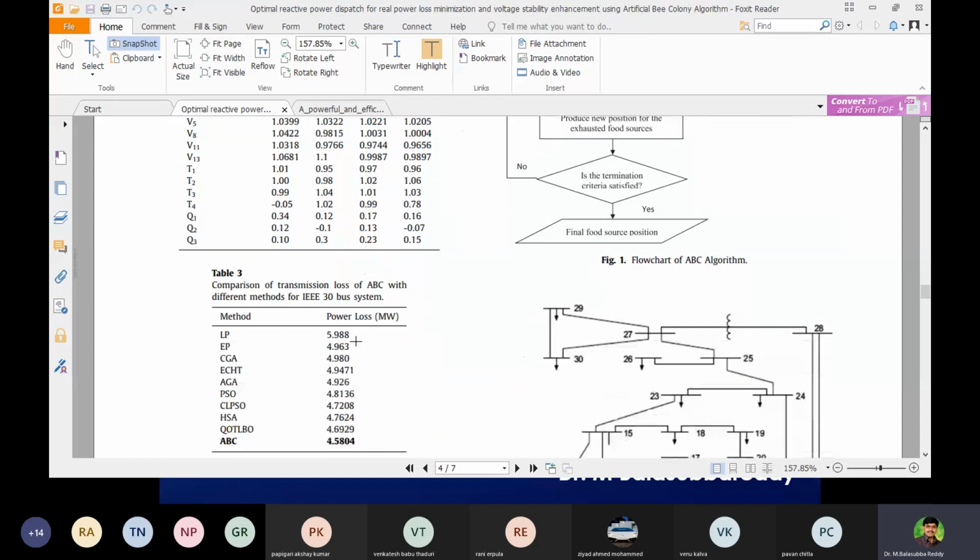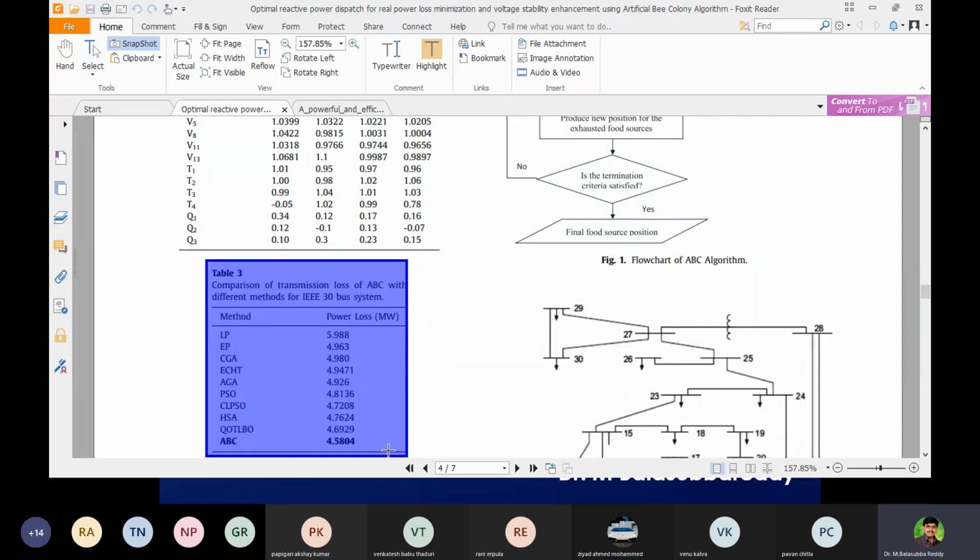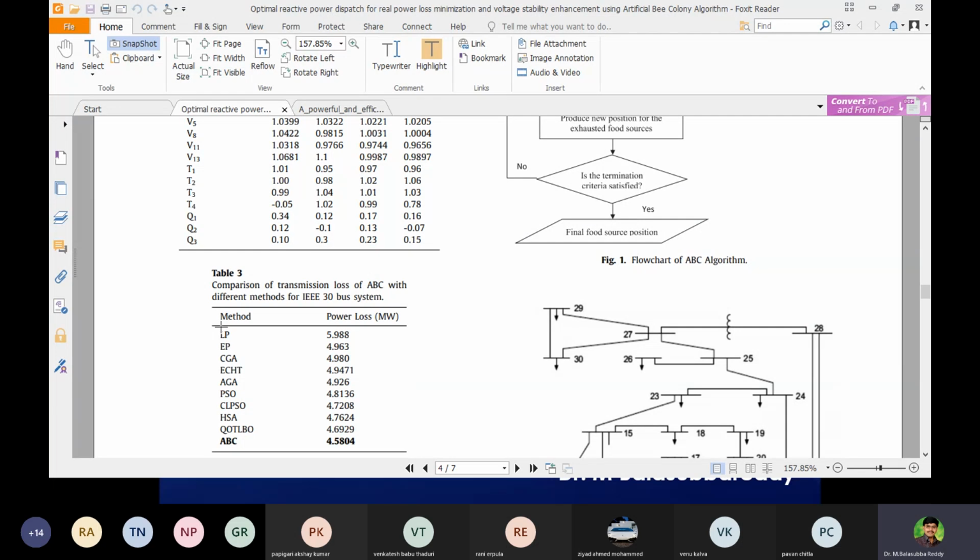Now you can see this consolidated statement of IEEE 30-bus system cost minimization. Linear programming method, these are all conventional methods. If you use them, I got the loss as 5.988 megawatt. This much power loss is there in the IEEE 30-bus system. If I solve with evolutionary programming, I get 4.963 and so on.